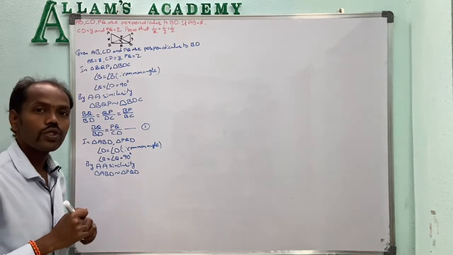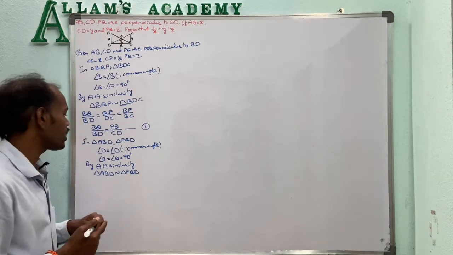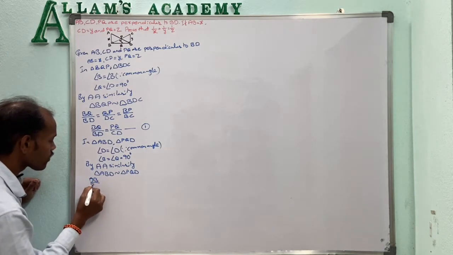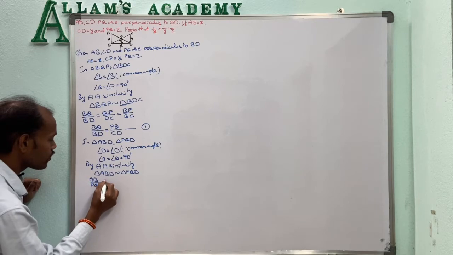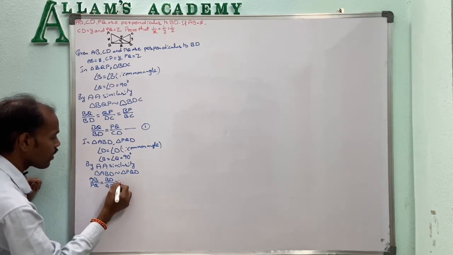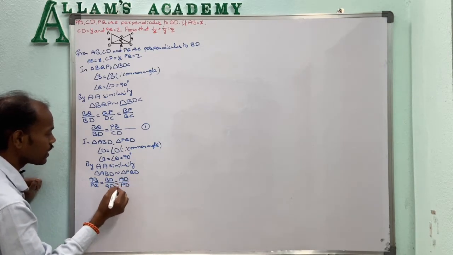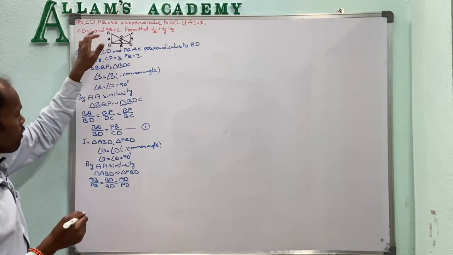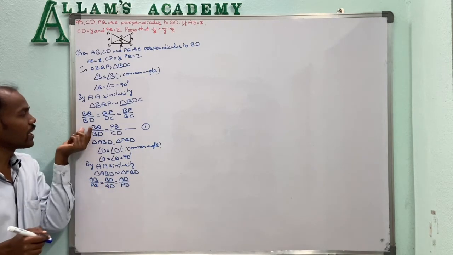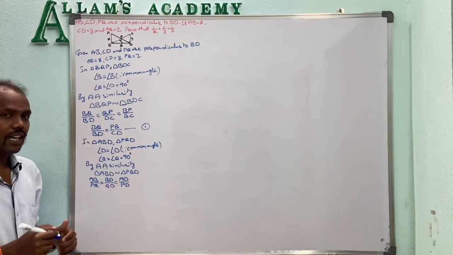Now these two triangles are similar, so their corresponding sides ratio is equal. So AB by PQ equal to BD by QD, that equal to AD by PD. Here we know the lengths of AB and PQ, and we have BD and QD, so for that purpose we take the first two ratios and leave the third.